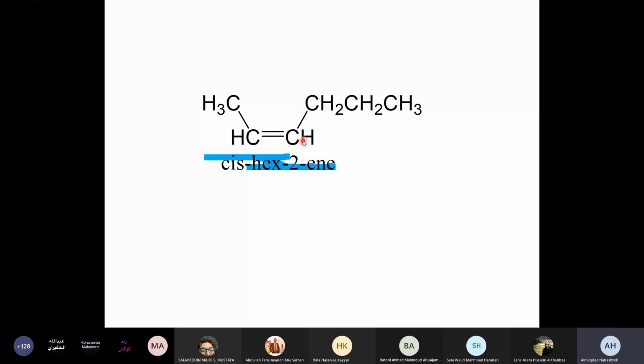Now, because the structure is drawn and the stereochemistry is shown, لأنه الشكل مرسوم والتوزيع الفراغي للذرات واضح, we have to call it whether it is cis or trans. So if we want to know whether it is cis or trans, first of all, we need to know whether it is stereogenic center or not.